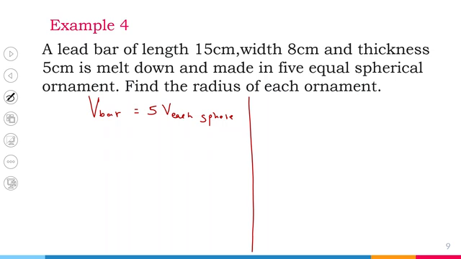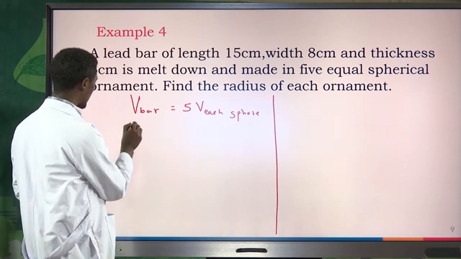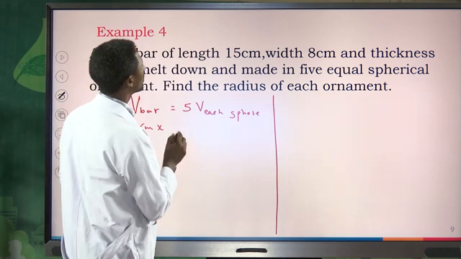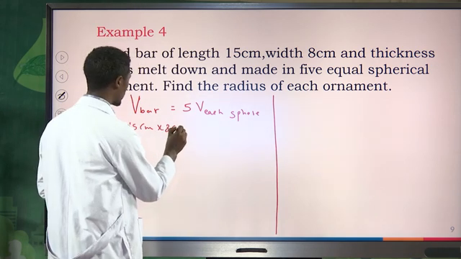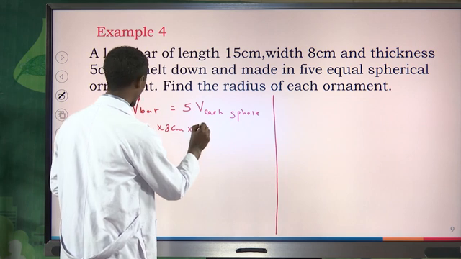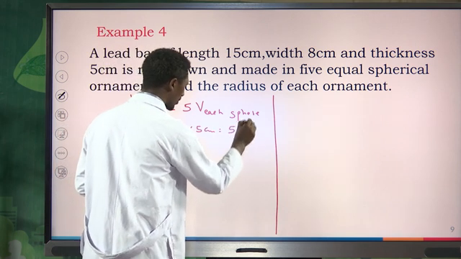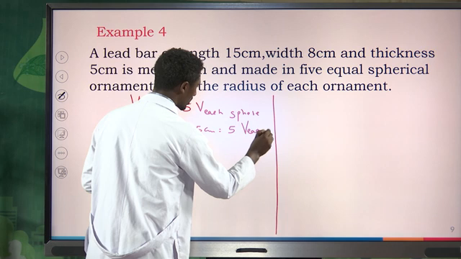The volume of a rectangular bar is length times width times thickness. So it is 15 centimeter times 8 centimeter times 5 centimeter, which is equal to 5 times the volume of each sphere.